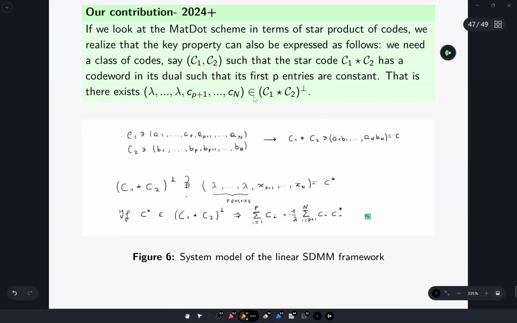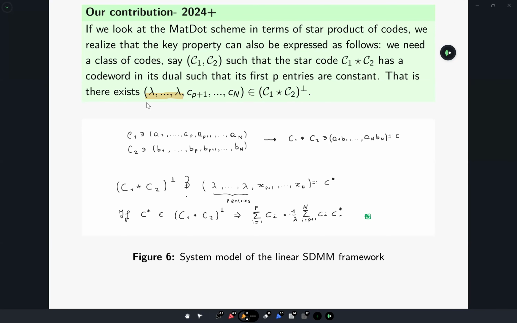And the main idea was that if we look at the previous schemes in terms of the star product of codes, we realized that the key property they need to satisfy is that in the dual of the star code, we need to have a codeword with all constant entries in the first P entries, because they are the entries we want to recover.